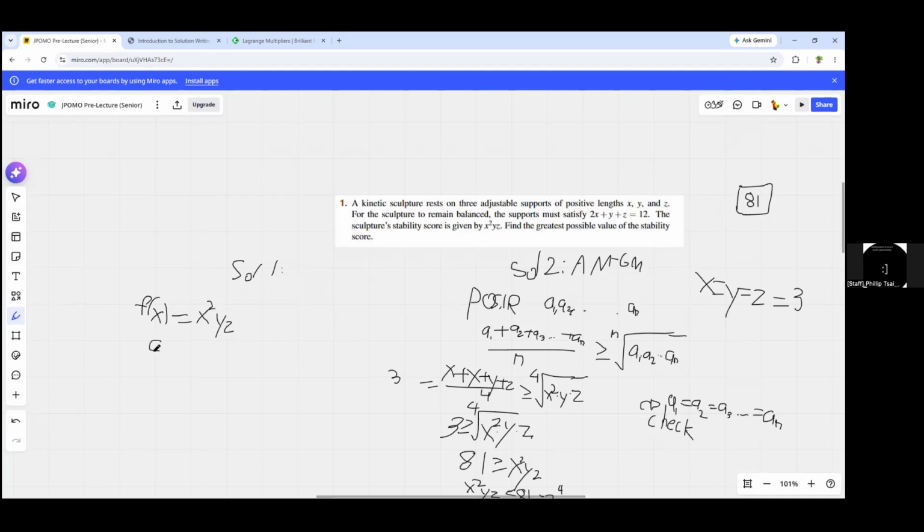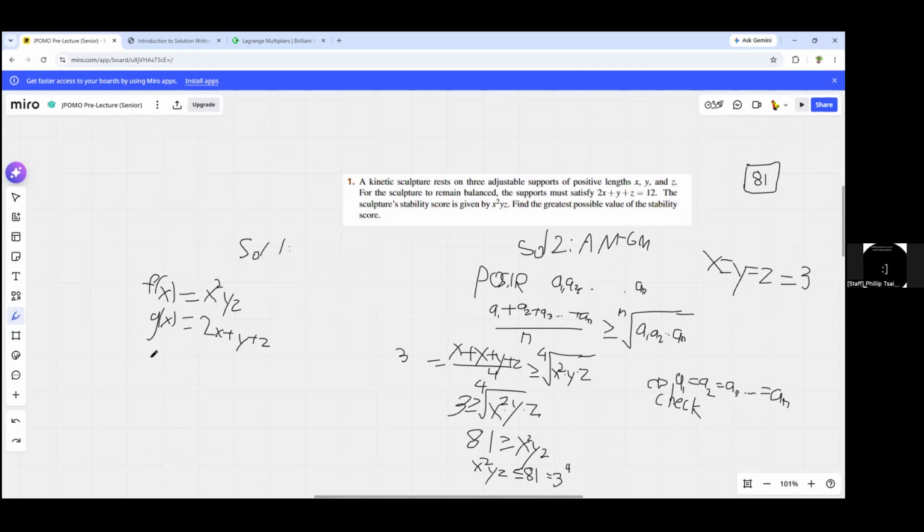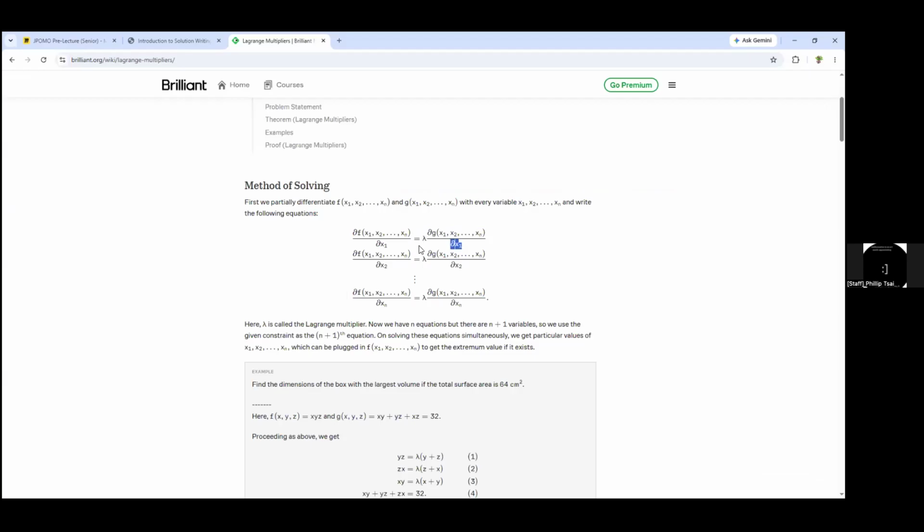And our g of x must be equal to 2x plus y plus z, right? So essentially, we take the partial derivative of g of x with respect to x, y, and z, and then we multiply it by our Lagrange multiplier, which in this case will be lambda, I'm pretty sure.